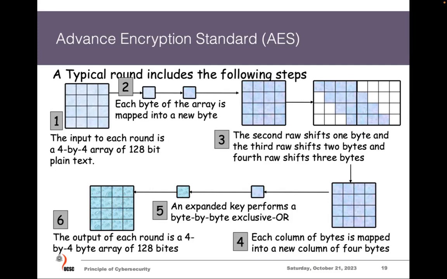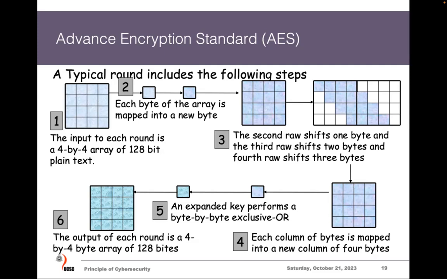I am not going into the mathematics, as I said at the beginning. So I will just show you the method by which we implement AES encryption. For that, we are using matrix multiplication. Whatever data we want to encrypt, we organize into a 4 by 4 byte array.